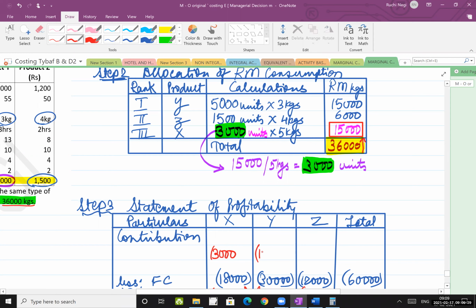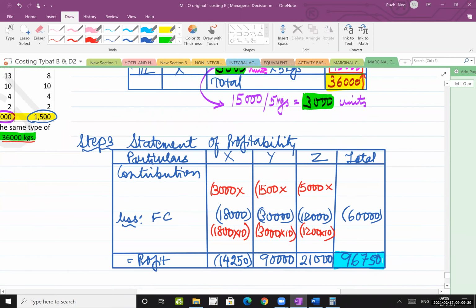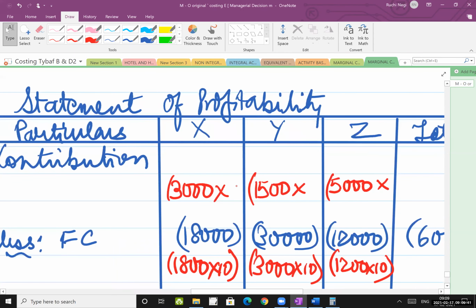Y 1500 and Z 5,000. Multiplied with their respective contribution per unit. X's is 5 rupees, Y's is 5.5, and Z's it is 8.